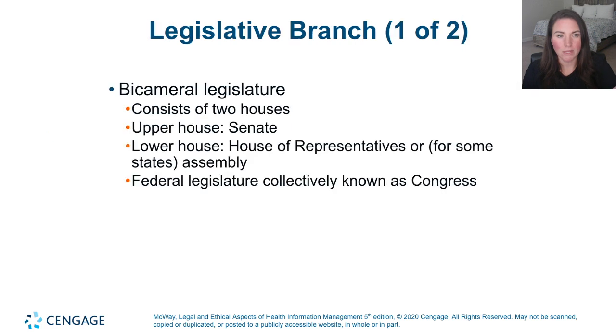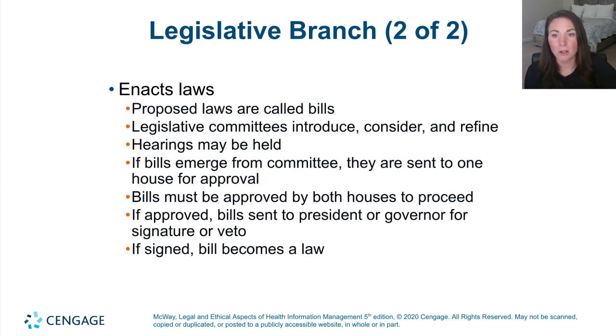So first we have the legislative branch, which is made up of the Senate and the House of Representatives. So in the federal government, the Senate and the House of Representatives together are known as Congress. Okay. These are the people that make laws.